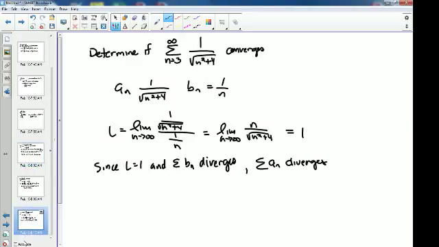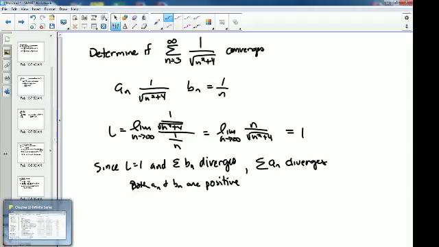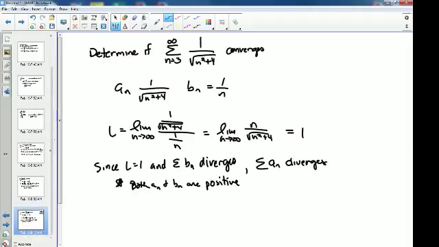And do note they are both positive. It really should be.